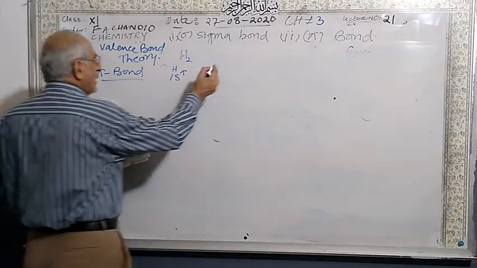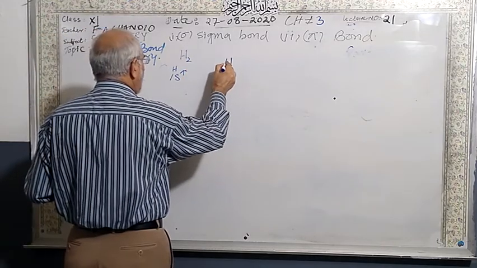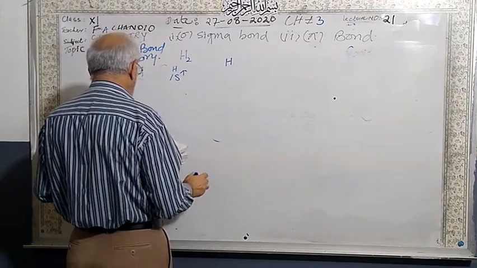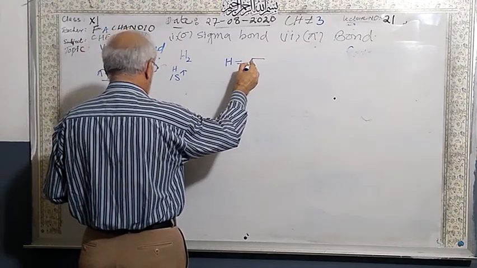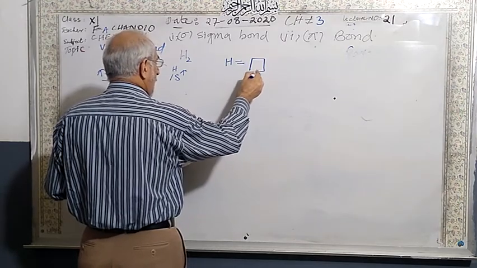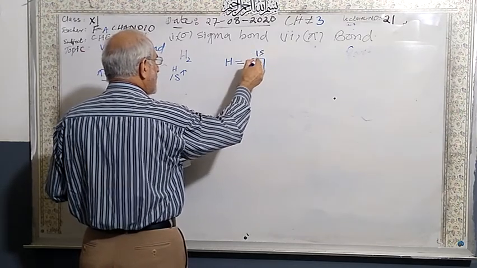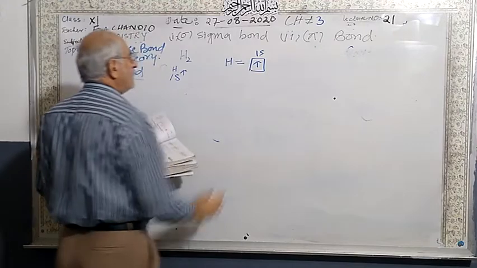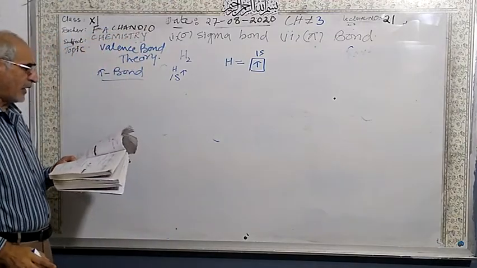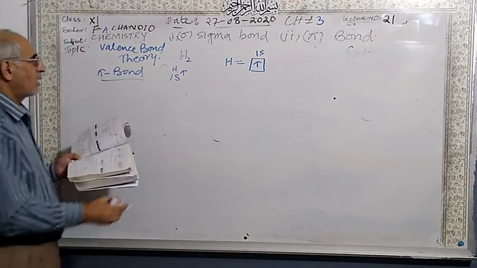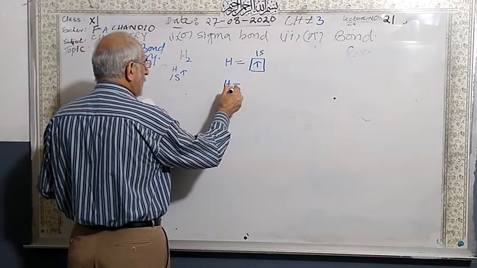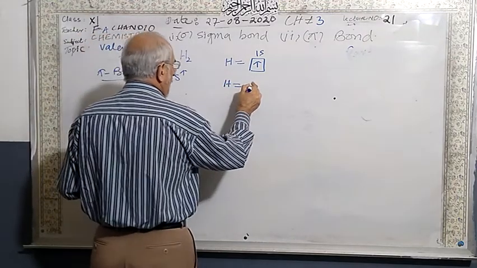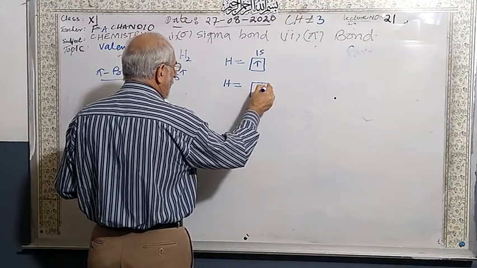Dear students, this is one hydrogen atom, and it has one electron in 1s1, and there is another hydrogen atom, which also has 1s1.